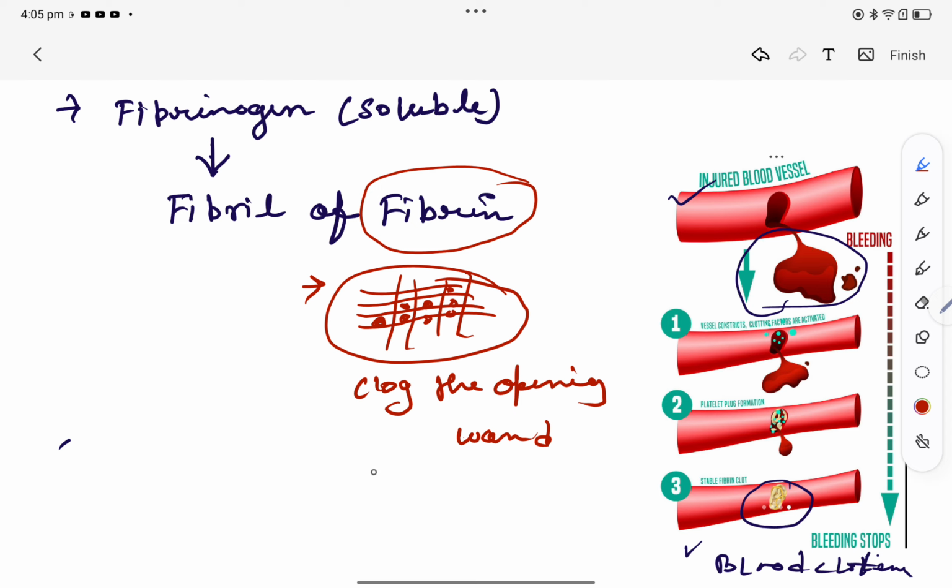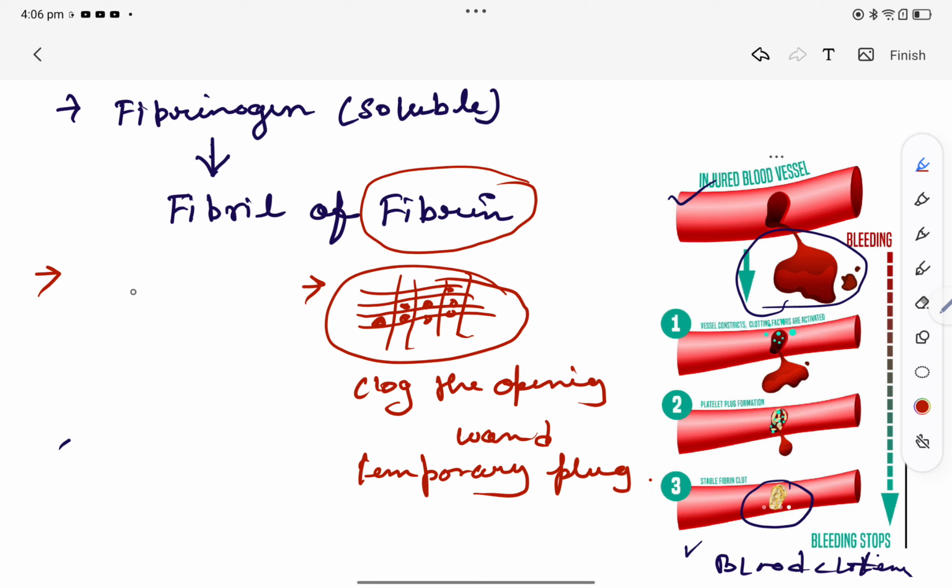Now they form a temporary plug. Right. Now this is how blood coagulation takes place in our body. Now there are some factors which help fibrinogen convert into fibrin. What are those substances?